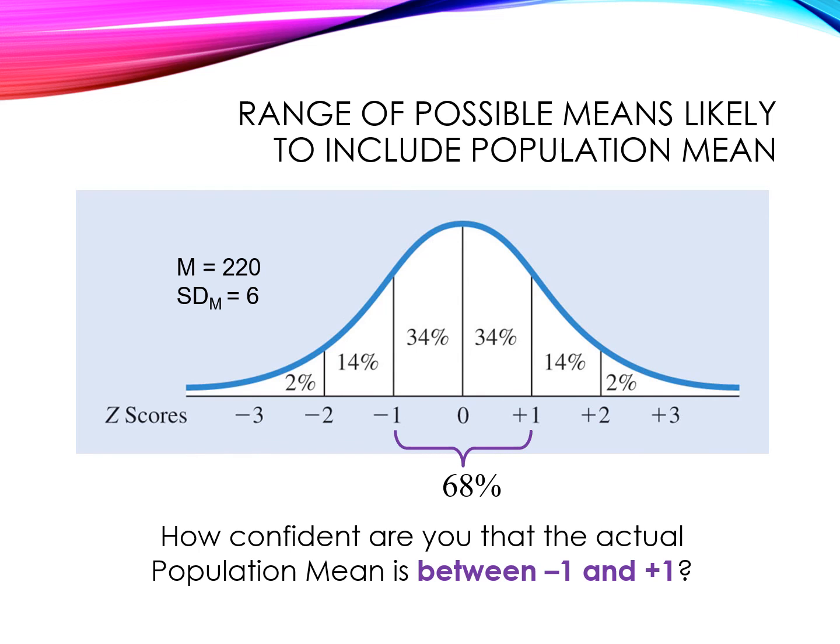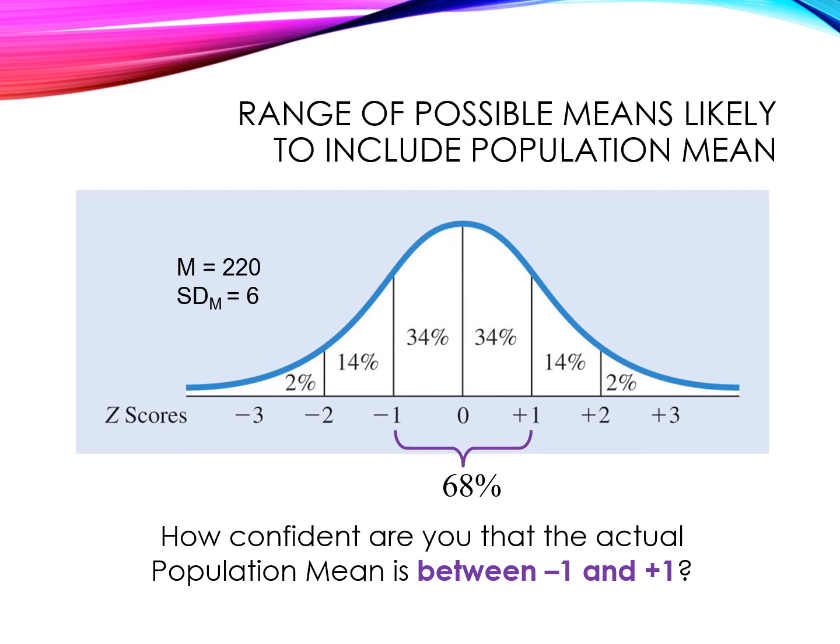So we're going to look at the range of possible means that are likely to include the actual population mean. So remember, now we're thinking about our actual population and we're thinking, do we really know what the population mean is? So we have our sample mean of 220. We have our standard deviation of our distribution of means, which was 6.